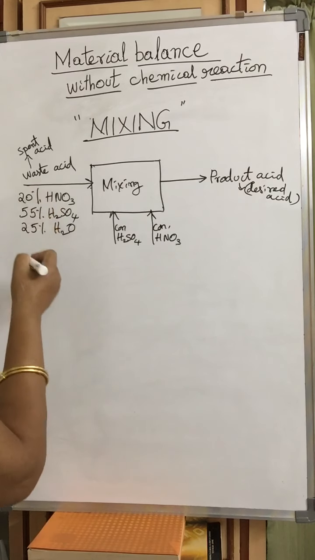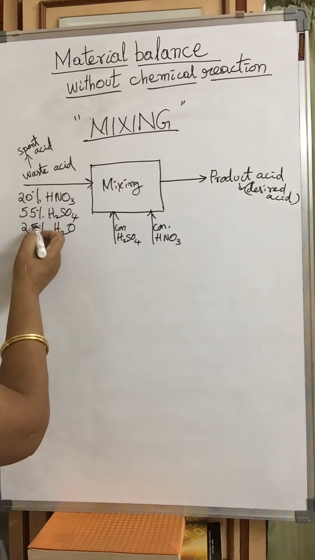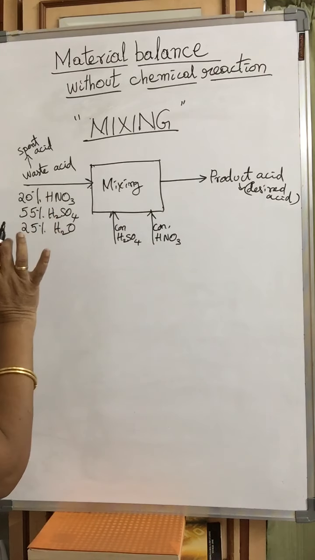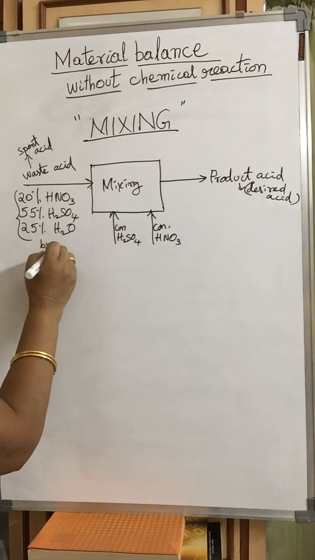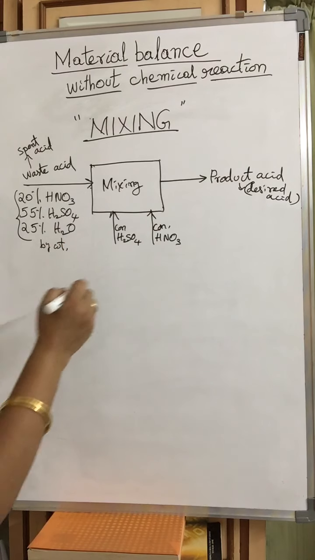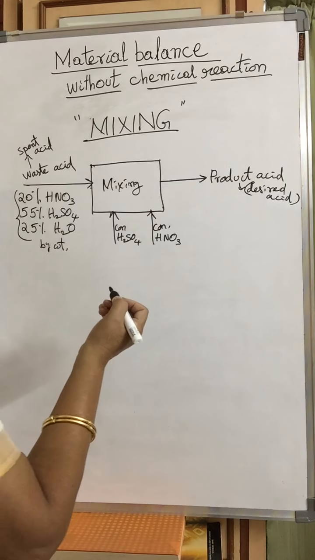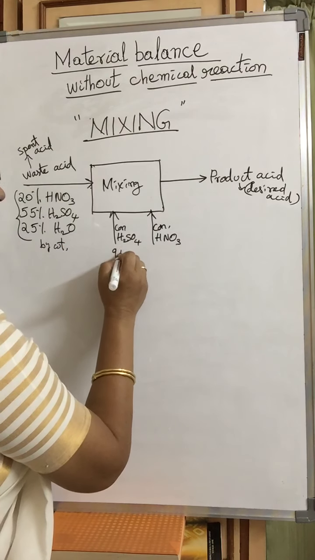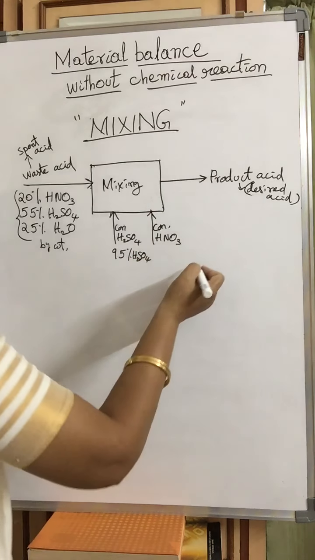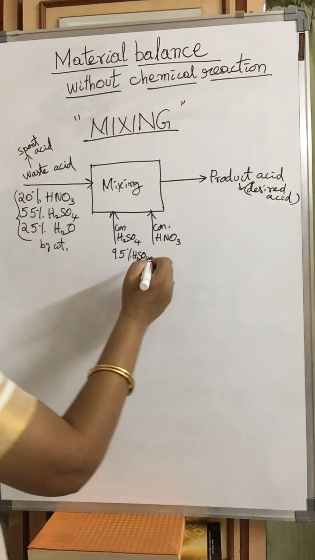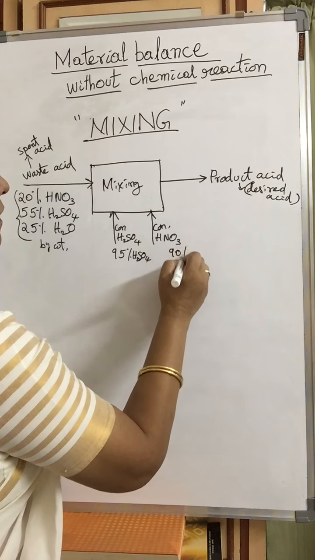If you add, you need to get 100%. Okay, this percentage is all by weight only. Now, this concentrated H2SO4 is 95% H2SO4, and this is 90% HNO3.